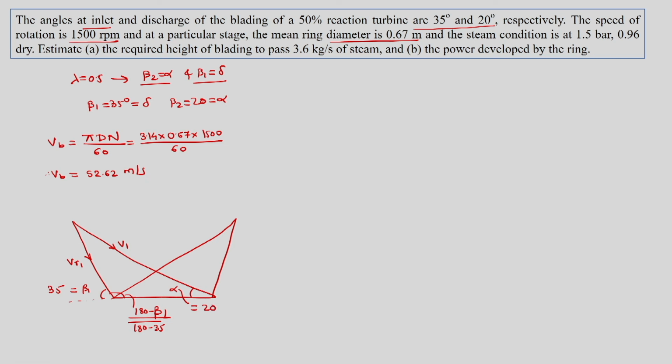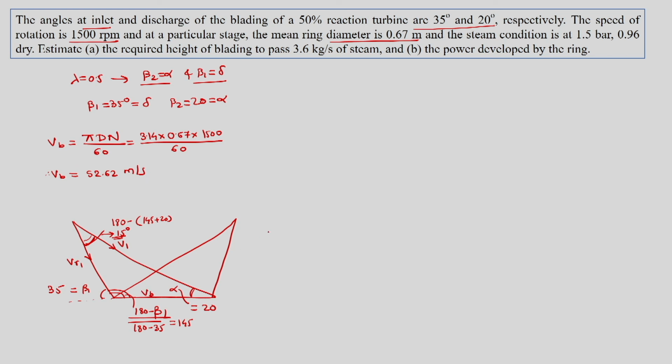Using this we can find out the rest of the things. So this angle is 145, this is 20. So this angle is 180 minus (145 plus 20), and that's why it becomes 15 degrees. So this is a 15 degree angle, this is V1 and this is VB.